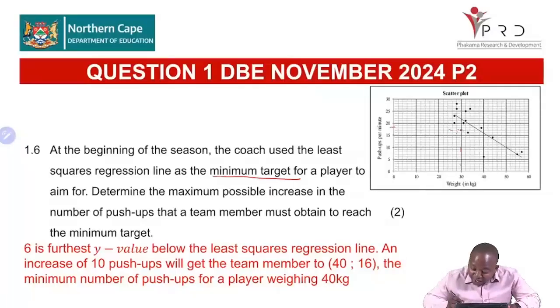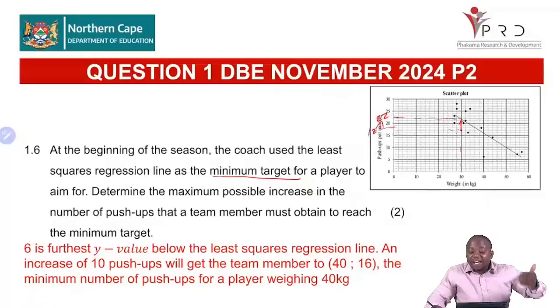So for this player, when they weigh 30, for their target we just take that 30 to our least square regression line. So our target in this case is going to be, for example, 21, 22. So it's going to be 22. So this one has to move from 17 to how much? To 22. So that is what is actually happening here.